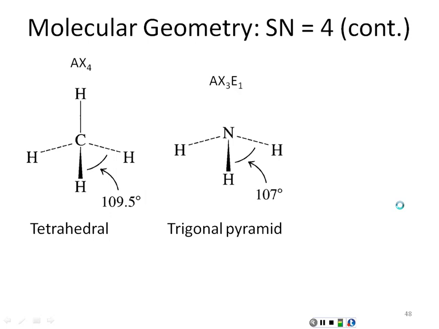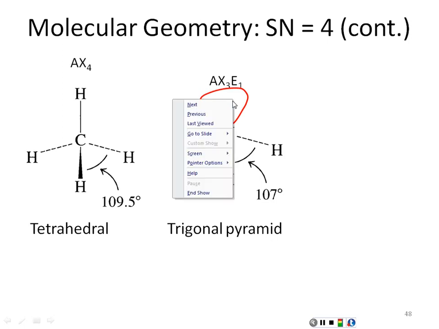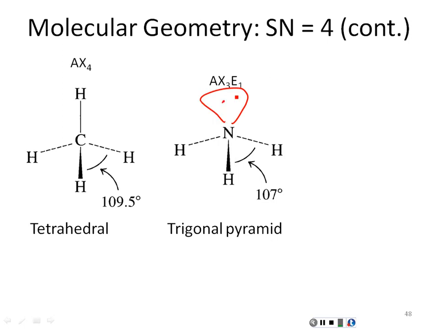Now when we look at ammonia, we've seen this molecule before. It has one lone pair. Its molecular geometry is trigonal pyramidal. And you notice now that the bond angle goes from 109.5 in methane to 107. That's because you have a lone pair of electrons up on nitrogen, which is creating more of a repulsive force.